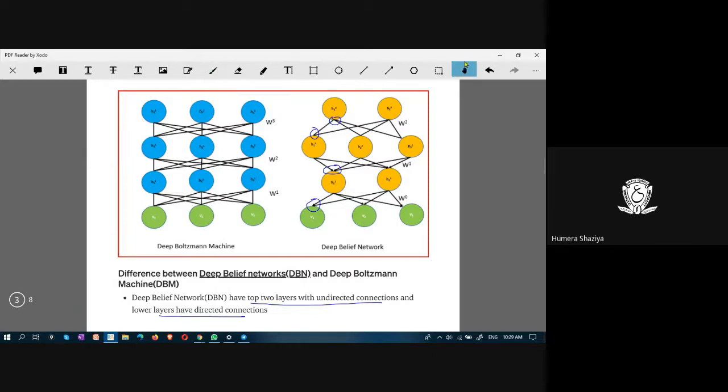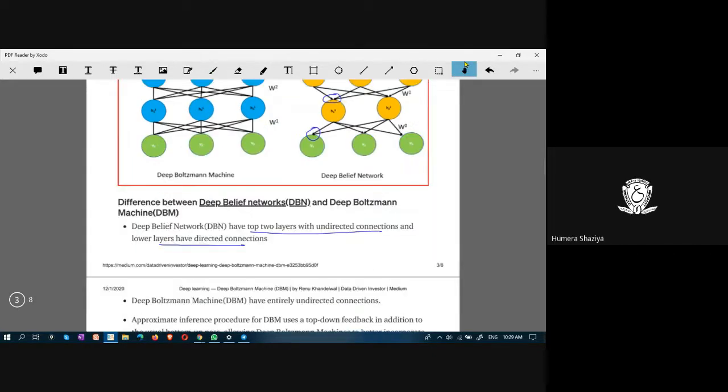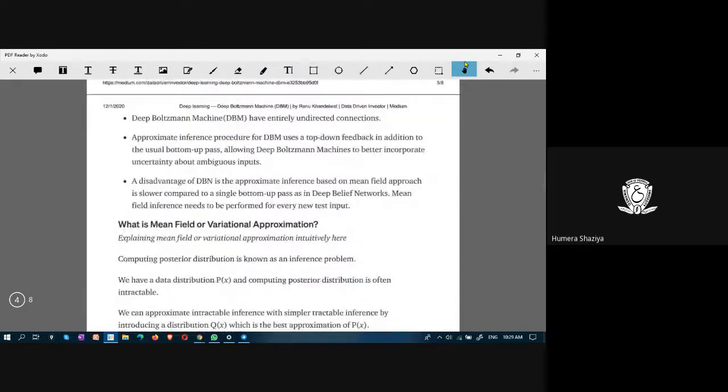Whereas in DBM, all connections are undirected. DBM has all undirected connections. And the approximate inference procedure for DBM uses a top-down feedback in addition to the usual bottom-up pass.